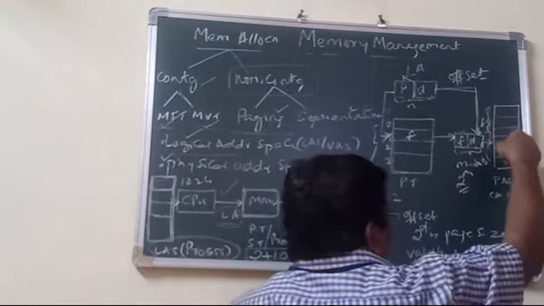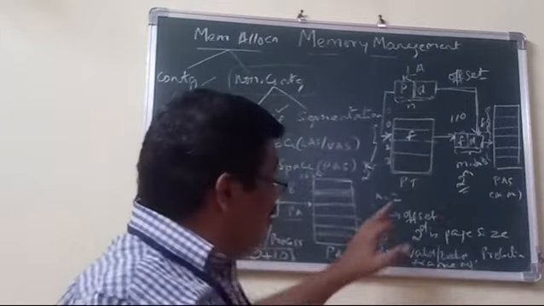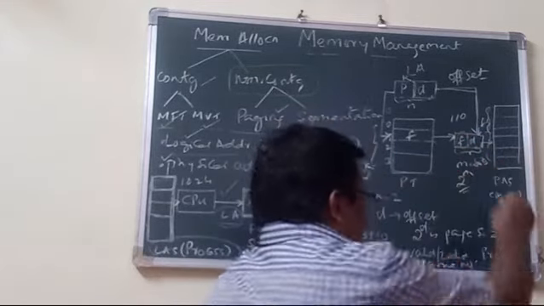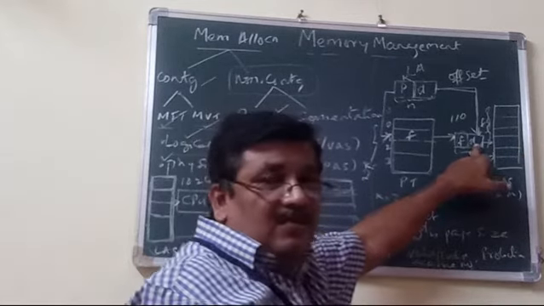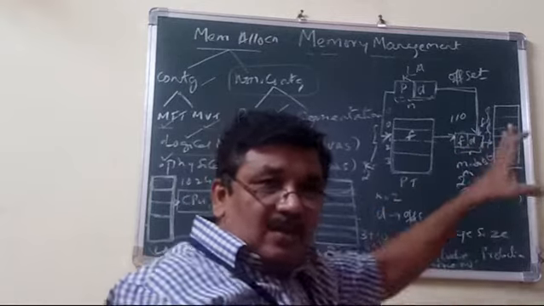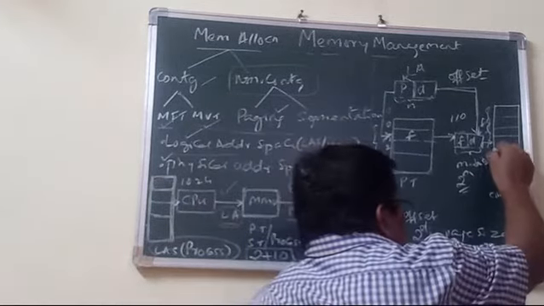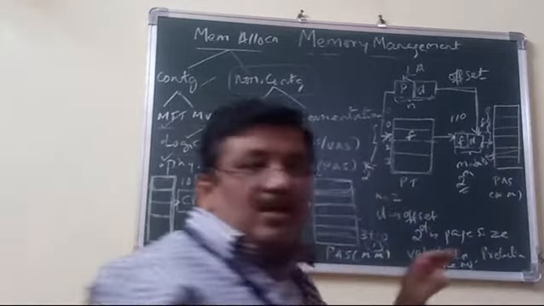Assume that there are 8 frames, and suppose F is 110. 110 means the 6th frame, counting 0, 1, 2, 3, 4, 5, 6. Depending on the value of the offset D, in the 6th frame we look into the Dth location.